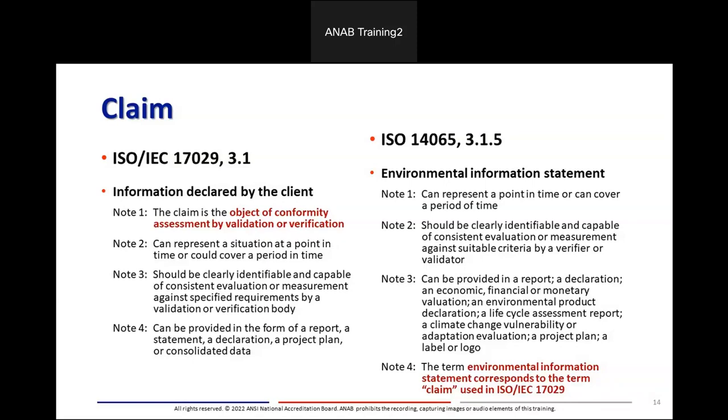So claims for 17029 and for 14065 will be different, as any claim under 14065 will be regarding environmental information, whereas 17029 can be claims from a broad range of industries or sectors.